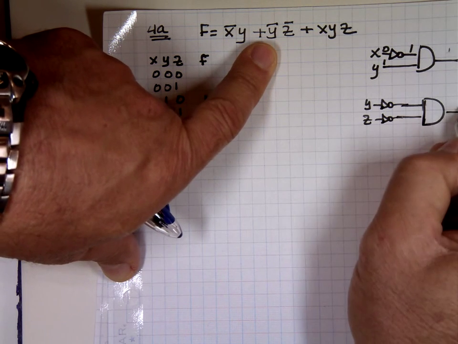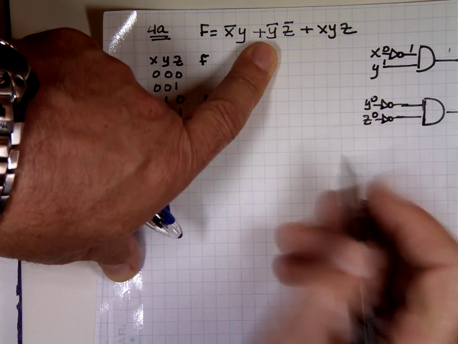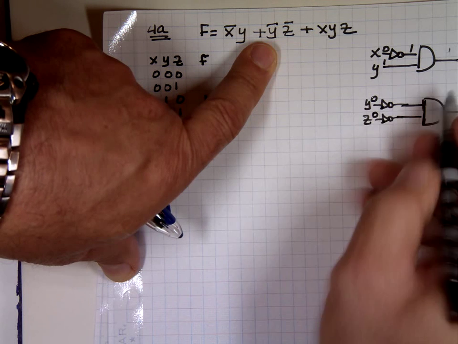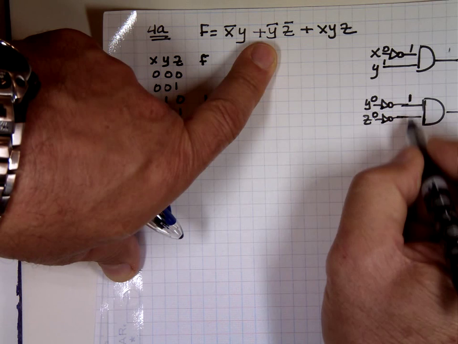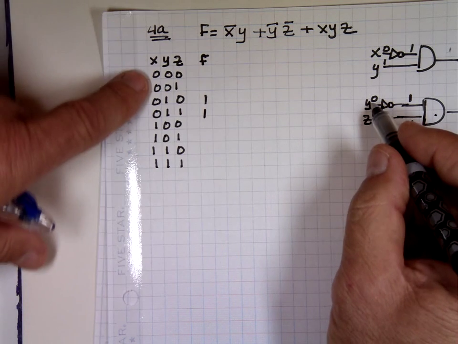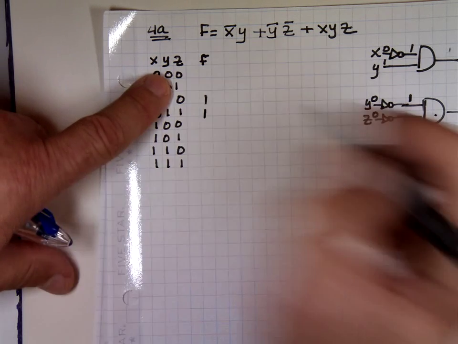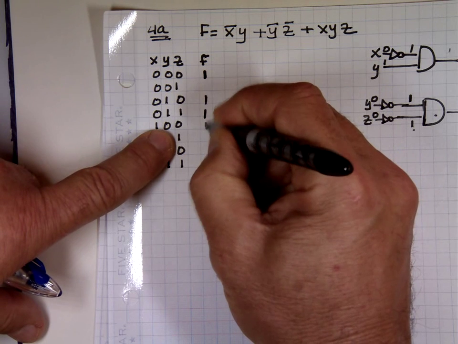You're going to have a value of 1 when both of these are zeros. Why? When you complement the 0, what do you have? A 1. What is 1 and 1? 1. So let's find where y is 0 and z is 0, and put the 1 there. There's a 1 here, and there's a 1 here.